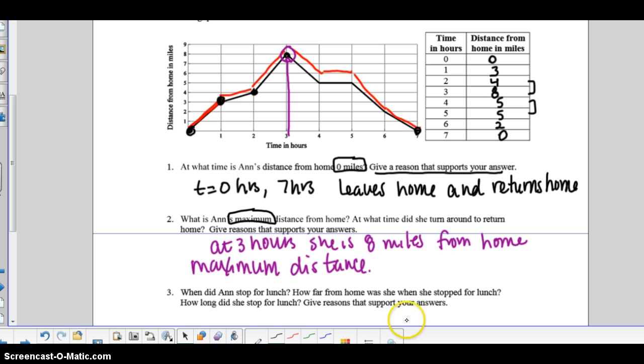It says, at what time does she turn around to return home? Well, she turns around at 3 hours. And the reason is because she doesn't get any further from home.